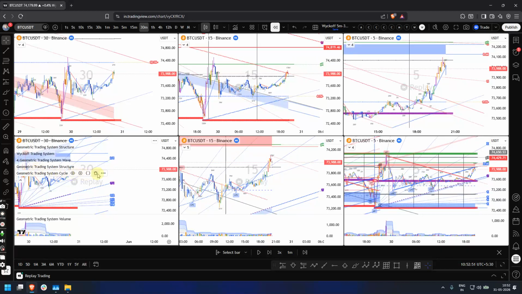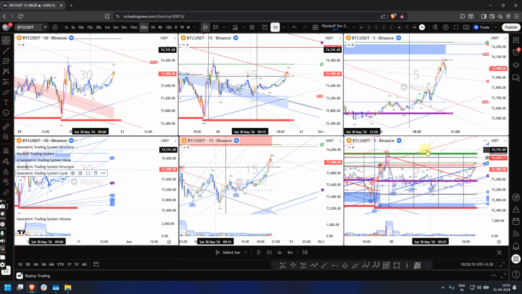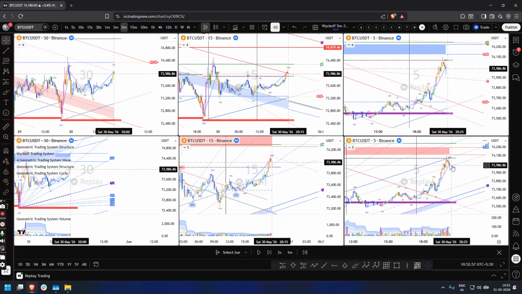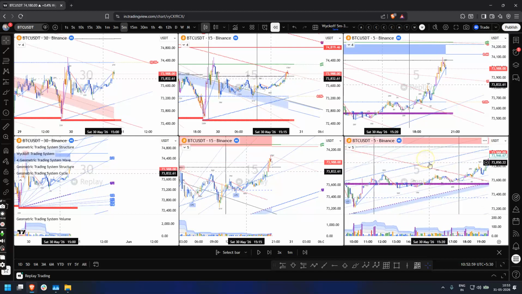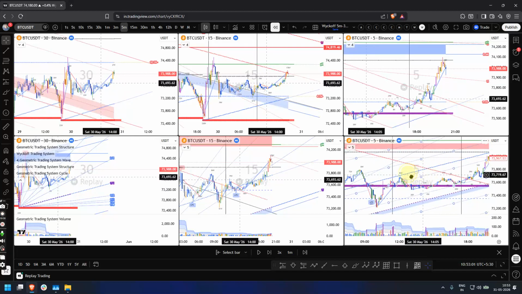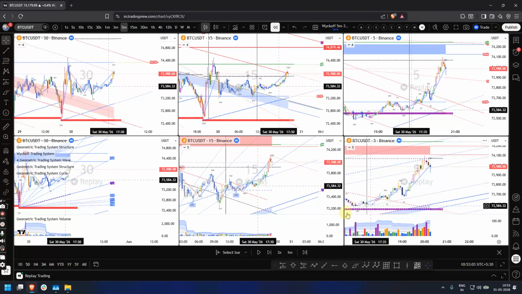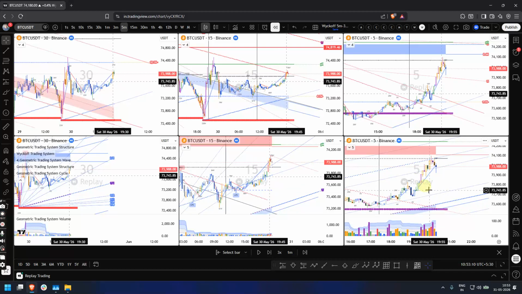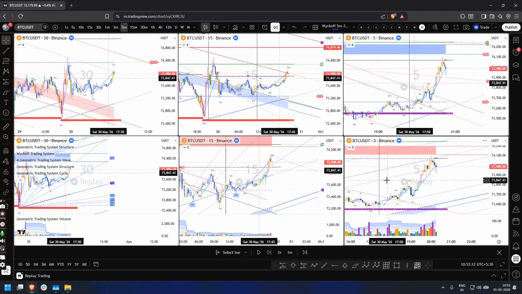Now, I should have put the cycle there. Perhaps. If I have cycle levels now, then it's much better to pinpoint the entry like this and here as well. Considering this wave closes there.